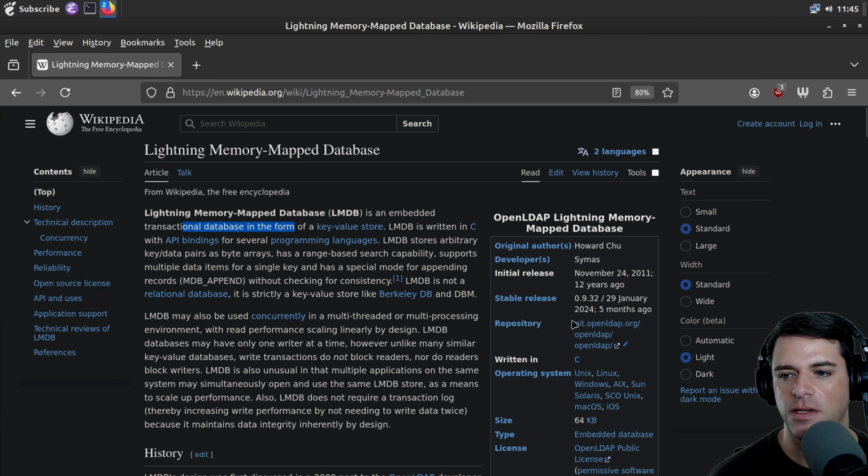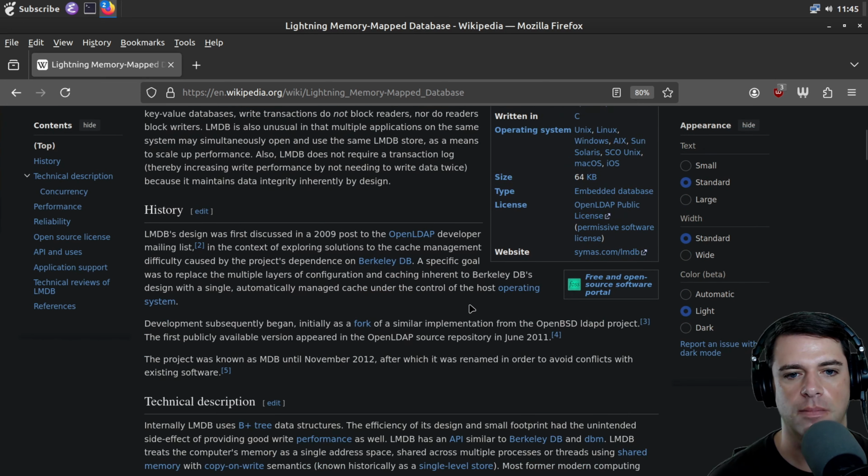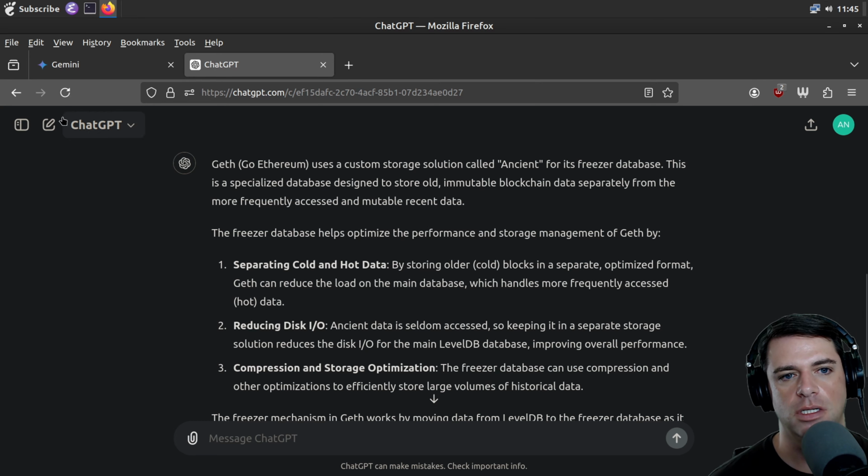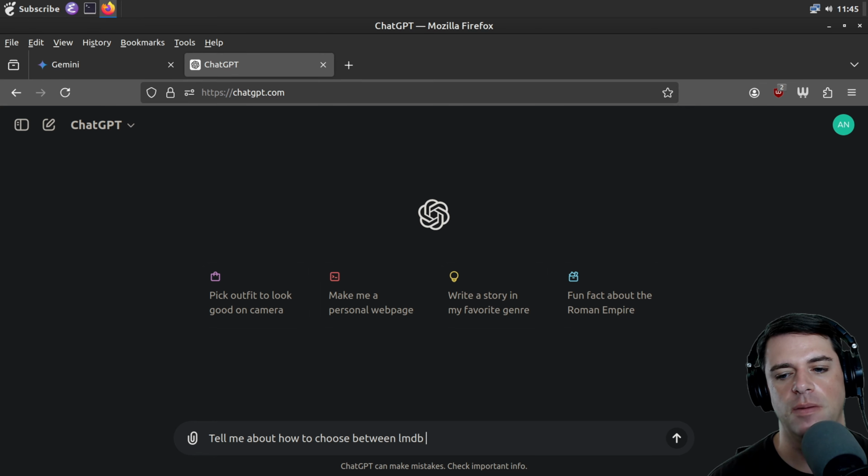As part of OpenLDAP, they took a database from OpenLDAP. It is not a relational database. It is strictly a key-value store, like BerkeleyDB and DBM. So I'll ask, I guess, ChatGPT: tell me about how to choose between LMDB and LevelDB.